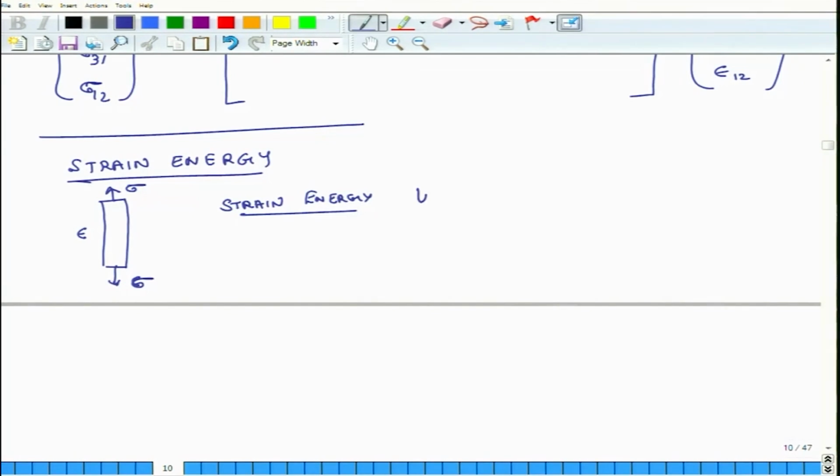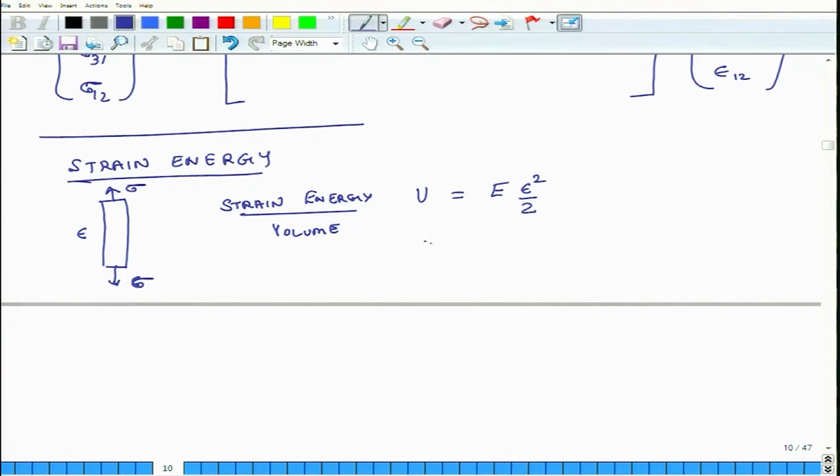Let us call that strain energy U, and this is strain energy per unit volume. This is equal to the Young's modulus times epsilon square by 2. This is the strain energy in the body per unit volume for a body which is pulled in one direction only.